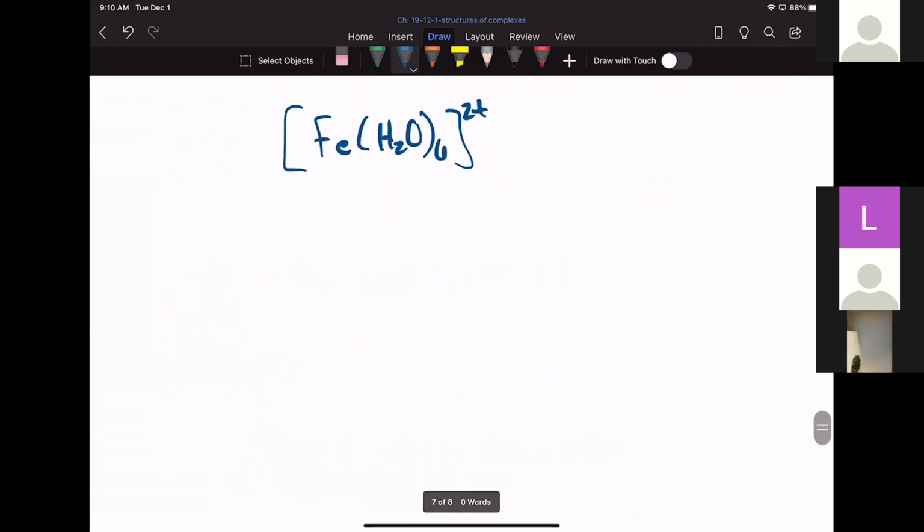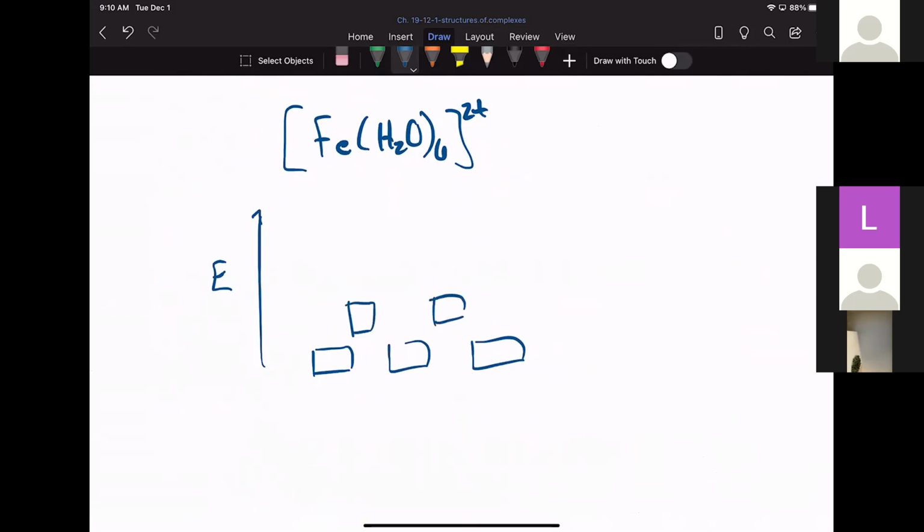So let's take a look. I'm going to draw my energy axis here. I'm going to start with my T2g. Because I have a small splitting from the water, this is a weak field ligand.